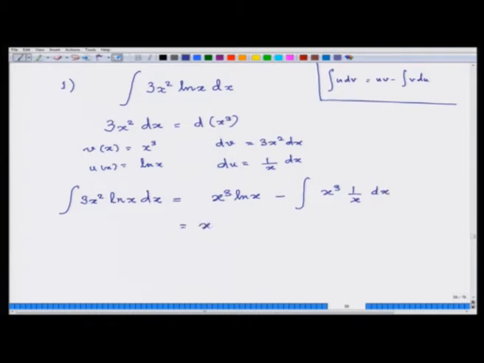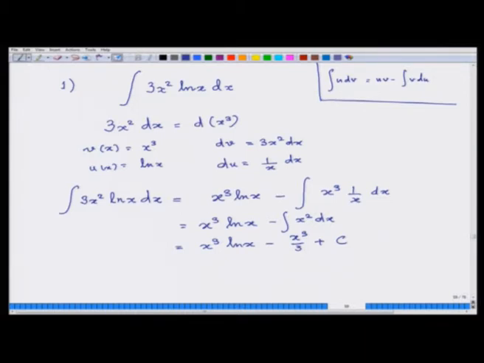So, you have x cube ln x minus the integral of x square dx. So, that is x cube ln x minus x cube by 3. Of course, this is plus c at the end. Now, that is the whole game.